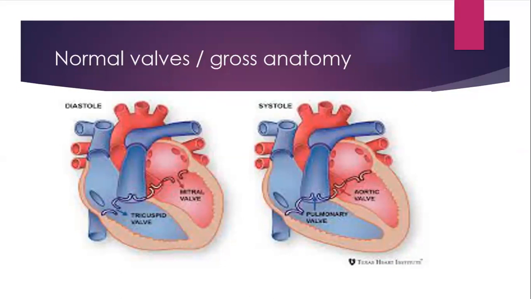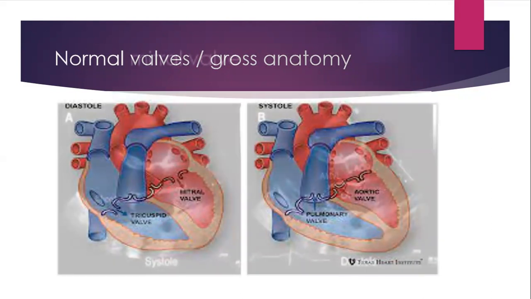You can see them there, both in diastolic and systolic. In diastolic, the tricuspid valve is open and the mitral valve is open. In systolic phase, the mitral valve is closed, and then the aortic valve is open.